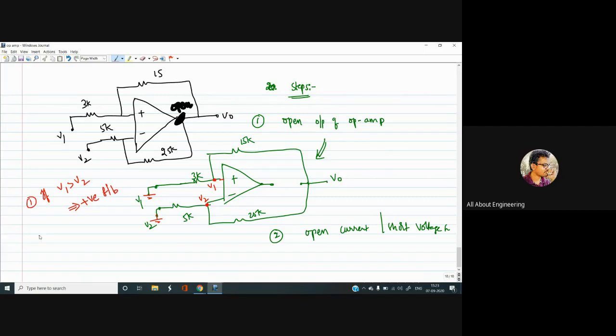Or else, if V2 is greater than V1, then you can conclude that this is connected in negative feedback. And in the final case, if V1 is equal to V2, then you can say there is no feedback. So this is the way you have to determine the type of feedback.